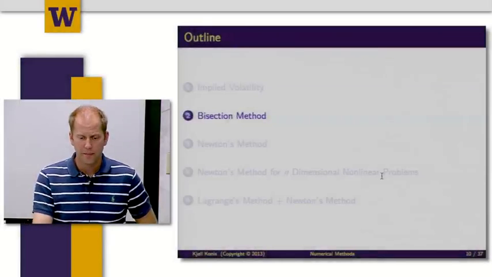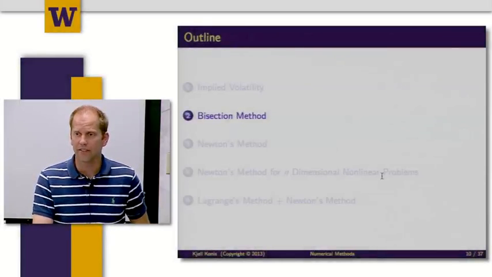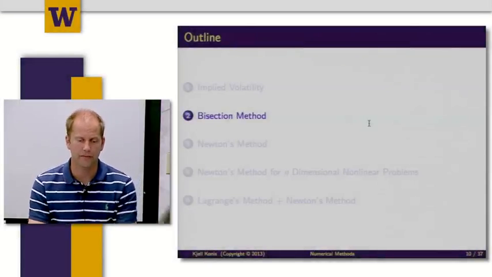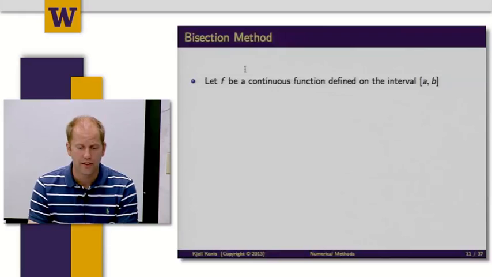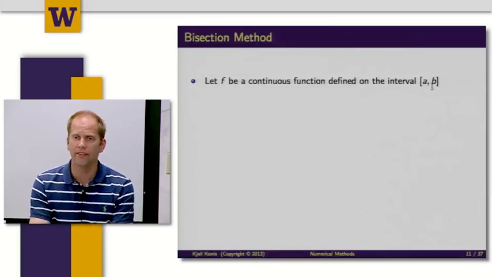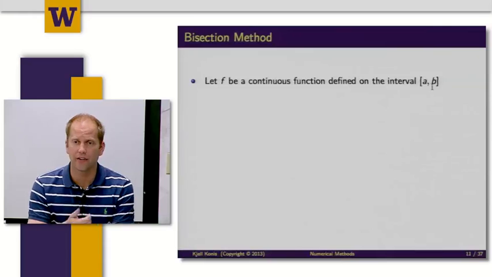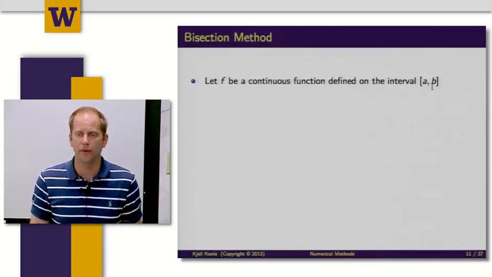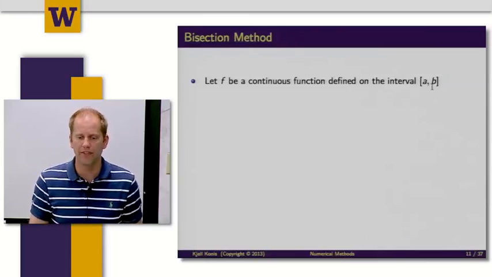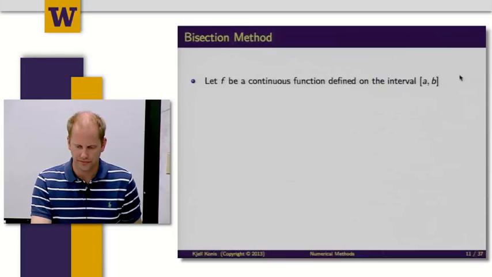The first method I'm going to look at for solving this sort of problem is called the bisection method. So I want to consider f, a continuous function defined on the interval [a, b]. This is exactly what we saw in the graph I was looking at before: I had chosen this sequence of values from 0.05 to 0.5, and the function was definitely continuous on that interval.